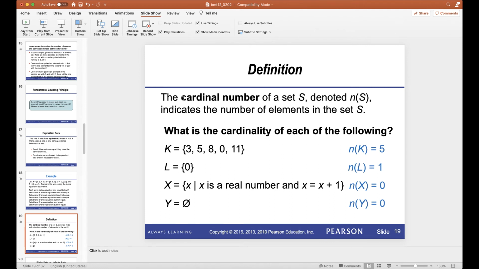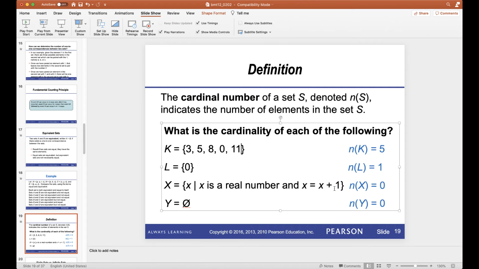Now, the cardinal number of a set is basically telling us how many elements are in the set. So here we write n, and then in parentheses the name of the set, equals 5. So there's 5 elements here. Here it's the set of x such that x is a real number where x is equal to x plus 1, and this is basically impossible, right?